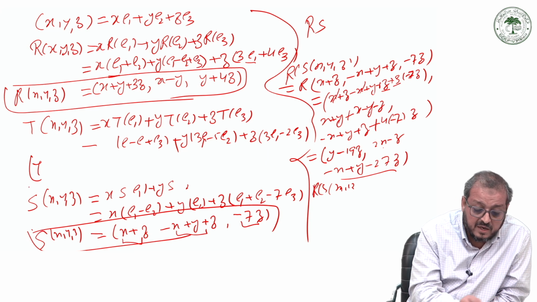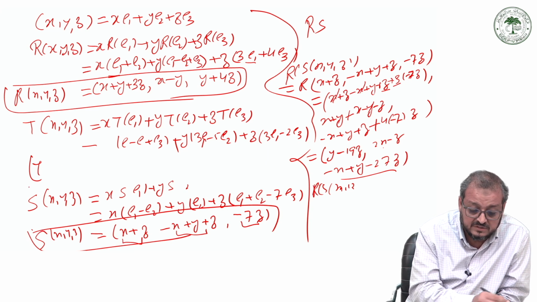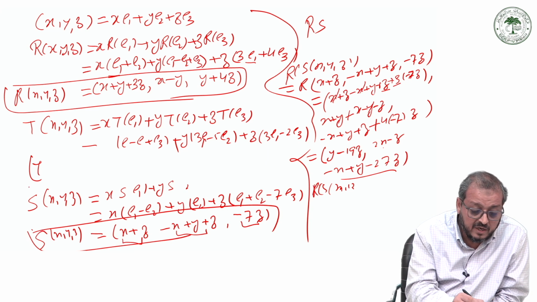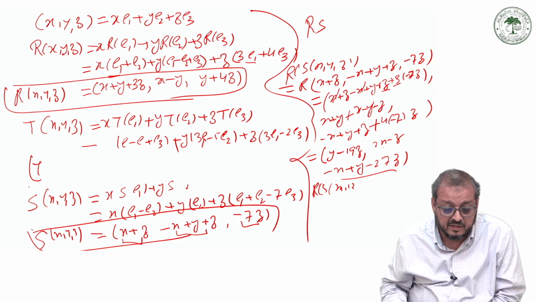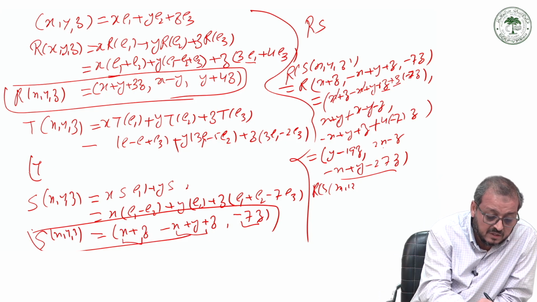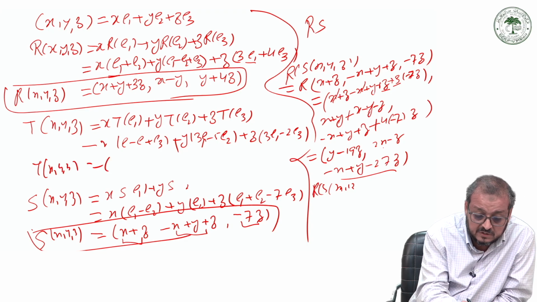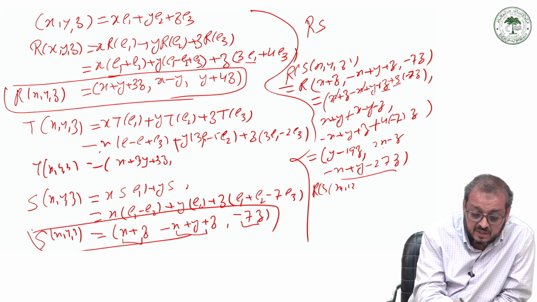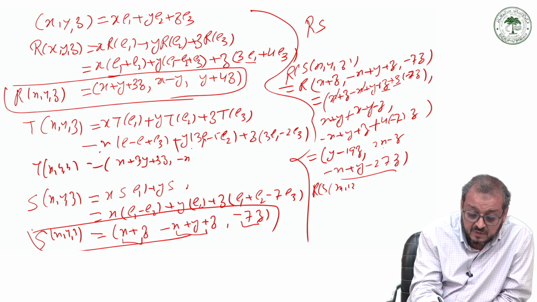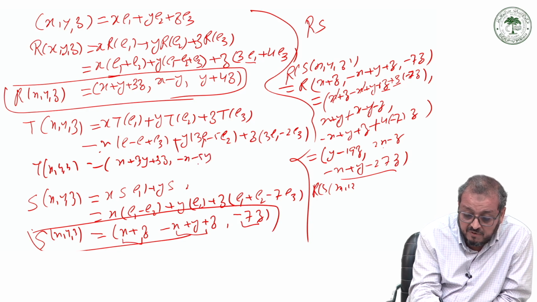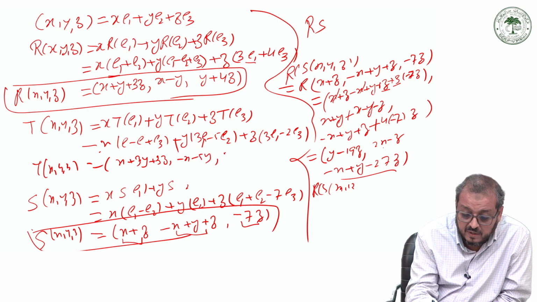We already calculated the general formulas for R, S and T. So (x, y, z) maps to (x plus 3y plus 3z, minus x minus 5y, x minus 2z).